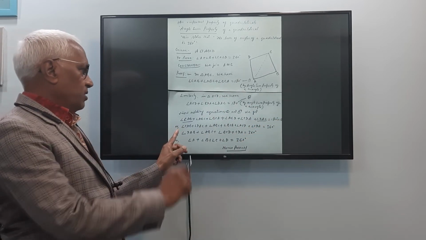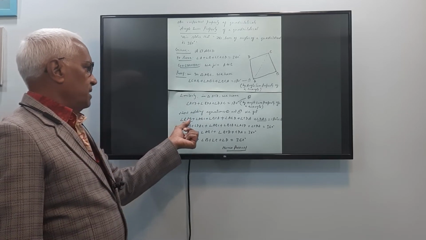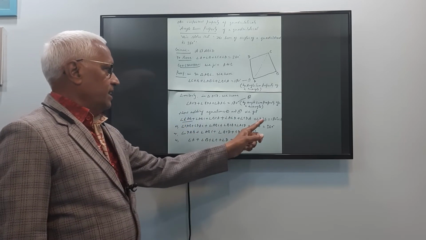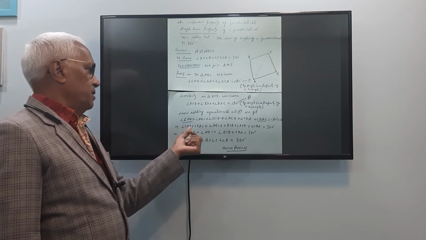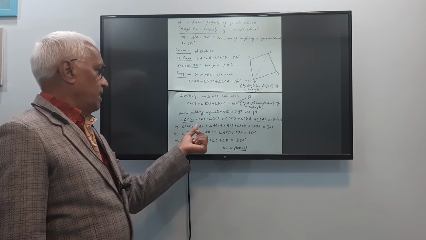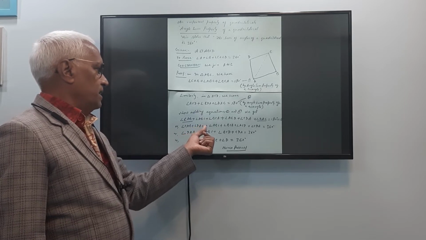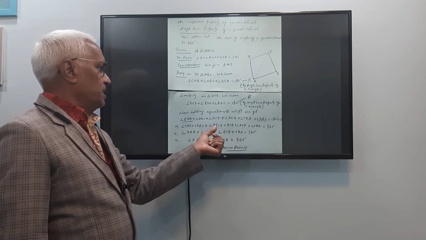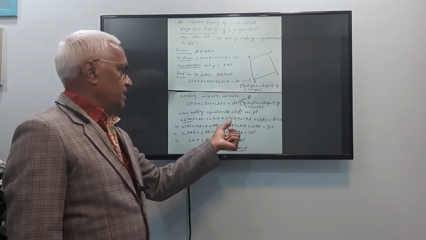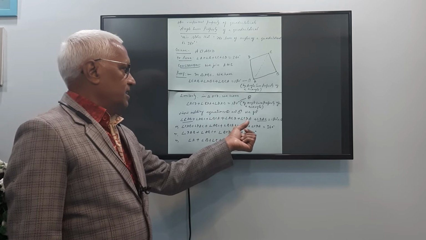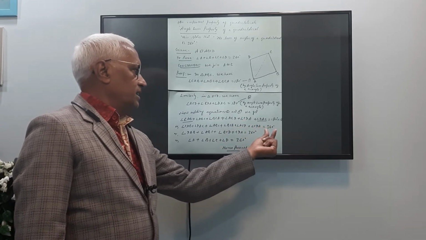Now we regroup. Angle CAB is here and angle DAC is here. We regroup and write like this. So angle CAB plus angle DAC plus angle ABC plus angle BCA plus angle ACD plus angle CDA is equal to 360 degrees.